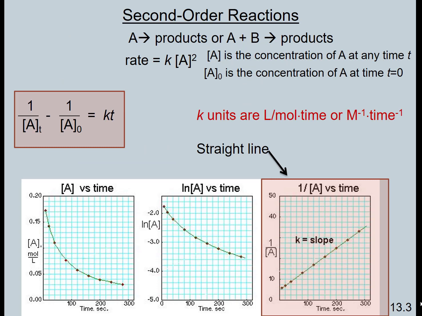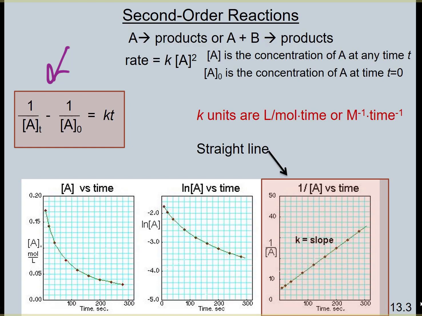Let's look at second order reactions. In second order reactions, the integrated rate law is right here. And again, you can find that on your data sheet. So it would be the third formula down.